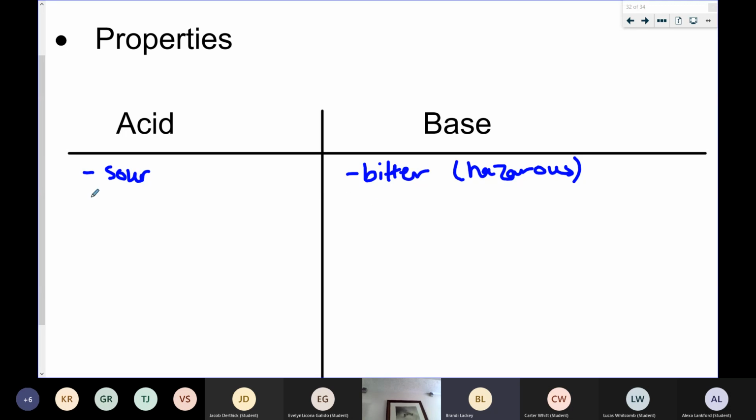We talked about acids being electrolytes. And certain bases can be considered electrolytes as well, but we see a little bit more with acids. So remember, electrolytes we talked about were things that produce ions, therefore they can conduct electricity.